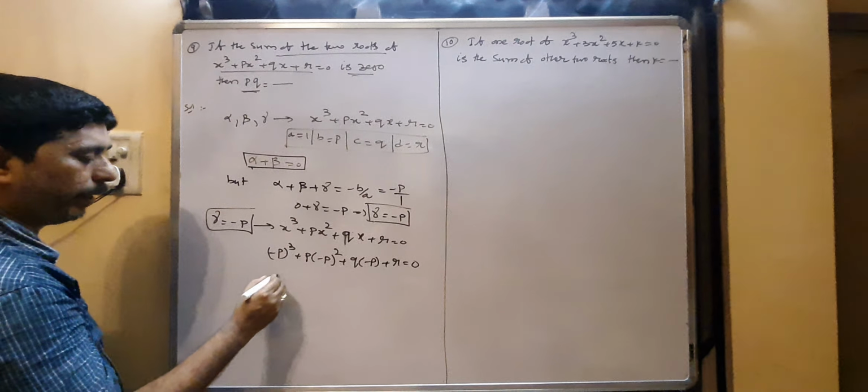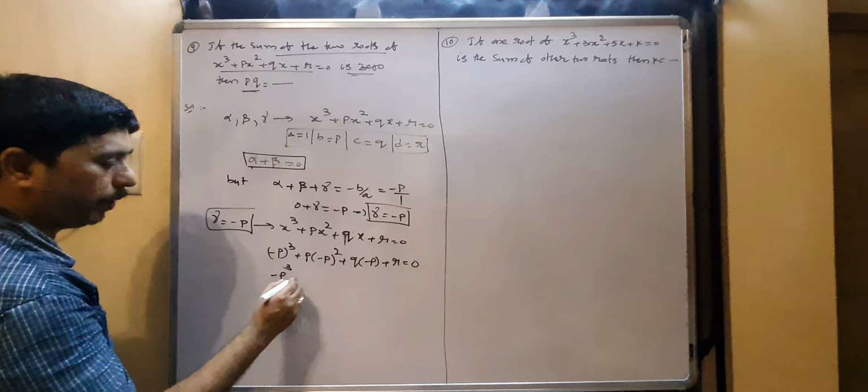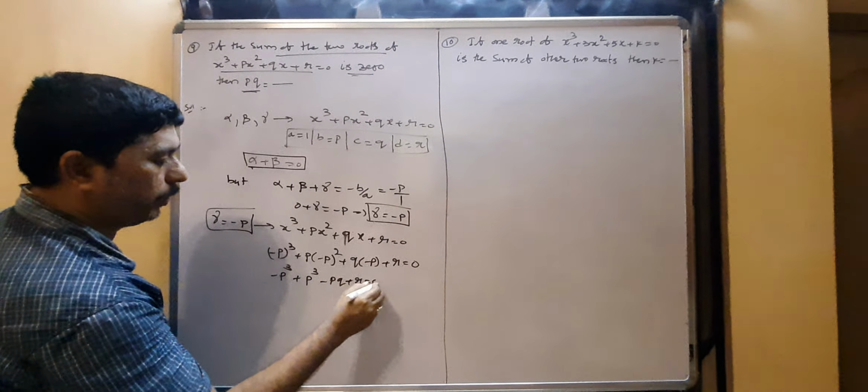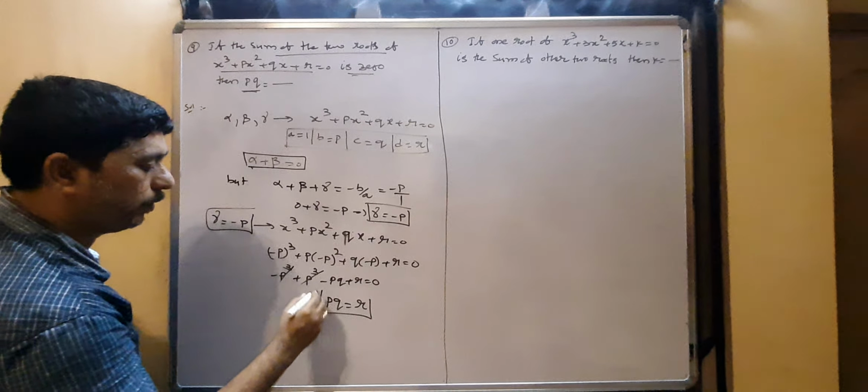Minus for odd power, minus p cube; plus for even power, plus p cube, minus pq plus r equal to 0. Minus p cube plus p cube cancels, so pq equal to r. This is the answer.